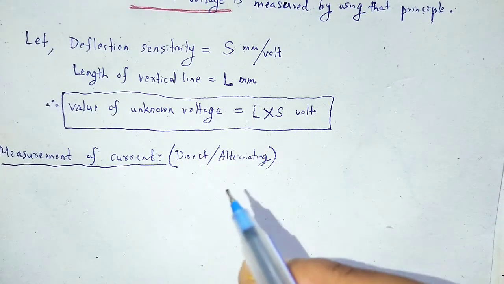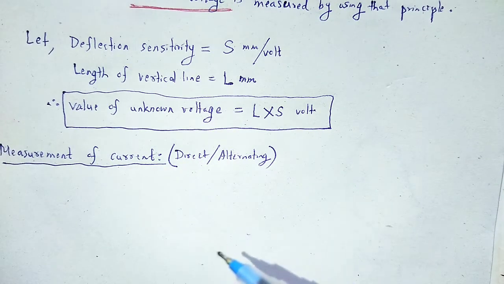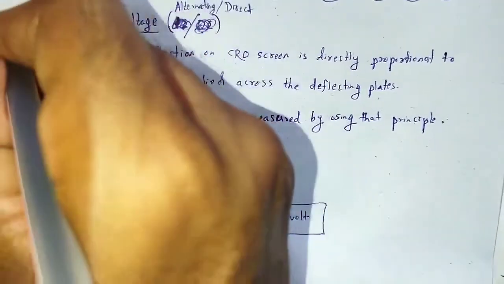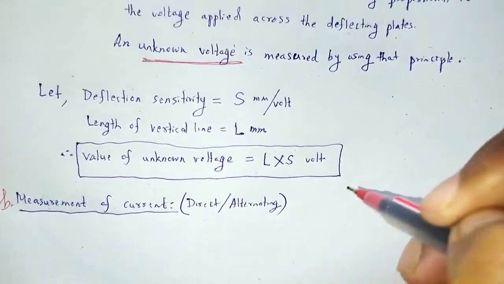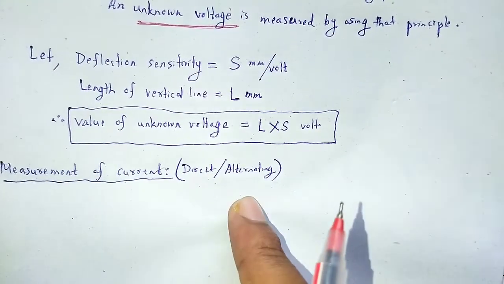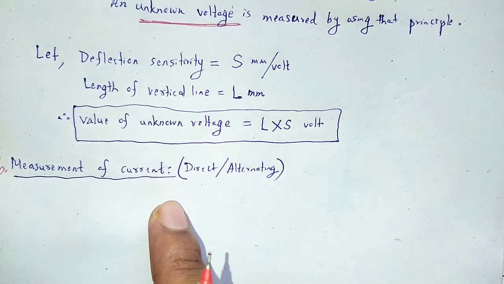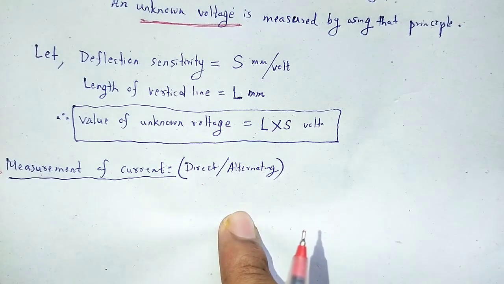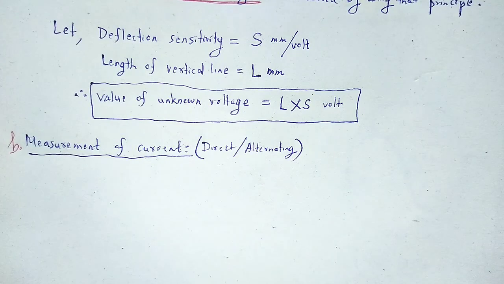Mainly we can measure voltage by using the cathode ray oscilloscope, but we can't use an oscilloscope directly to measure electrical current. However, electrical current can be measured indirectly with an oscilloscope. How? For this, we have to consider a known resistor.